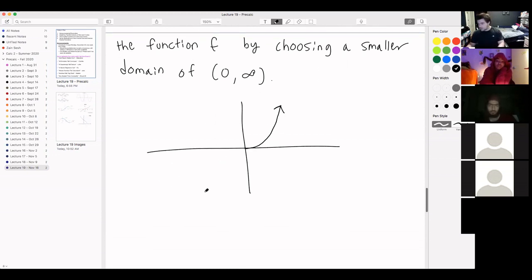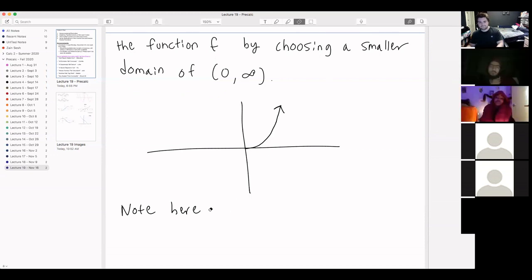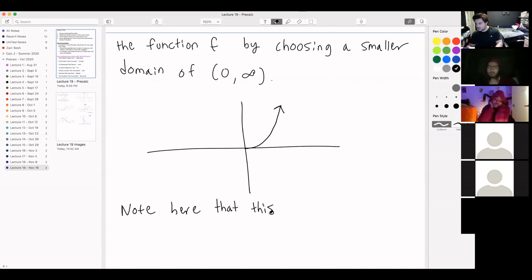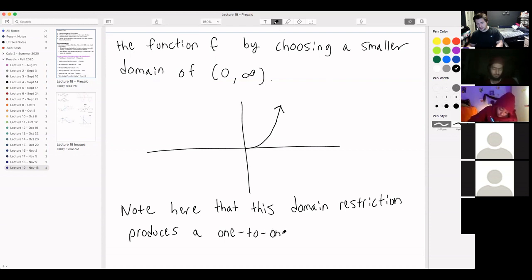So why do we want to do this? Look at what happened when we restricted the domain. Note here that this domain restriction produces a one-to-one function.